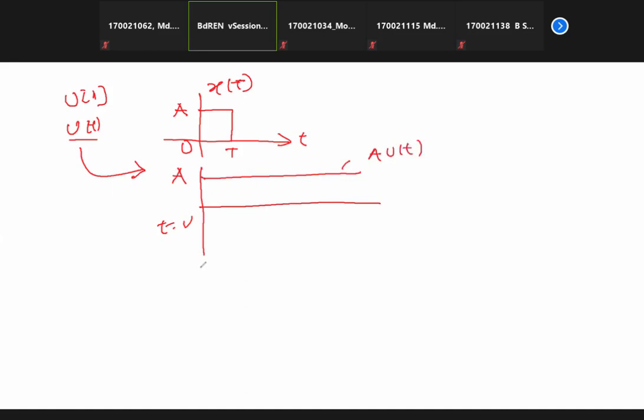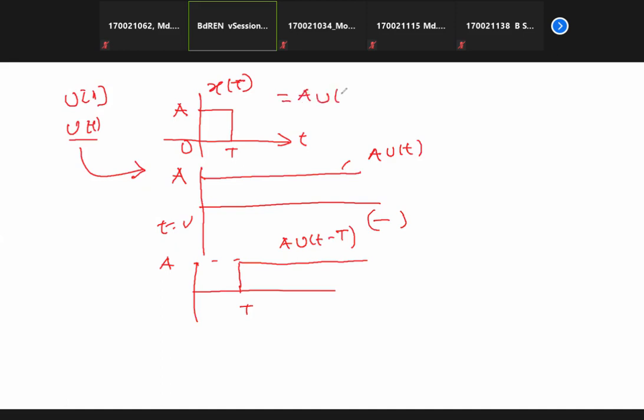Then you have to shift your step to this location T with the same amplitude A. This is your A u(t minus T). Then you have to subtract them. Then your x(t) would be equal to A u(t) minus A u(t minus T), isn't it?